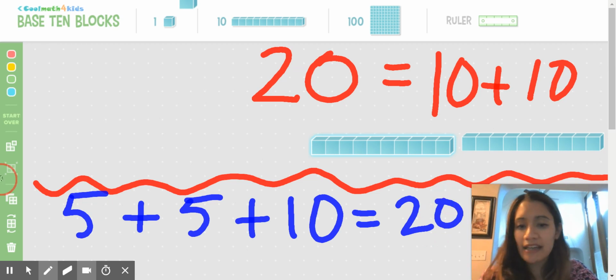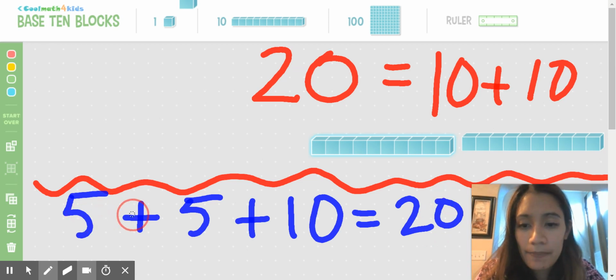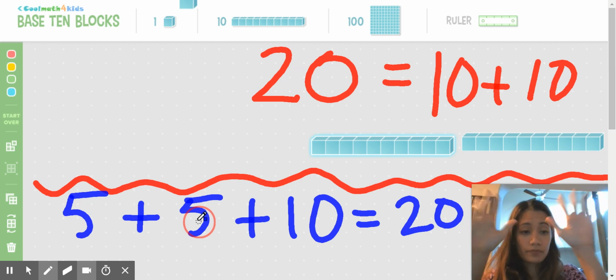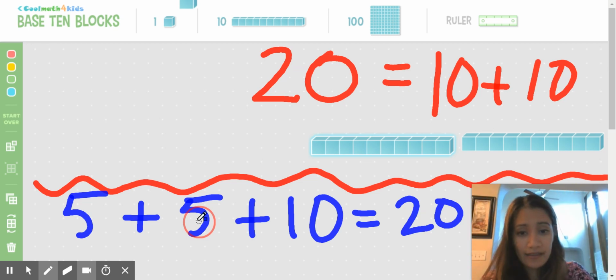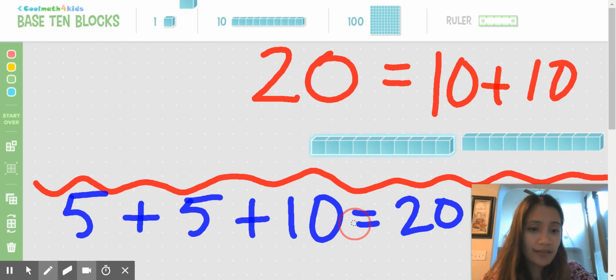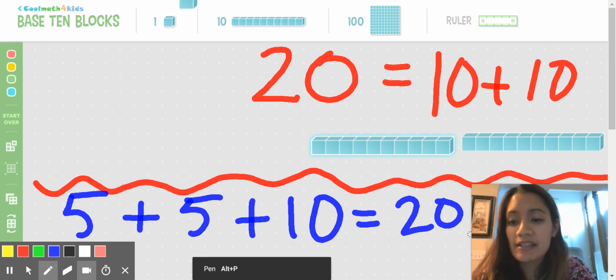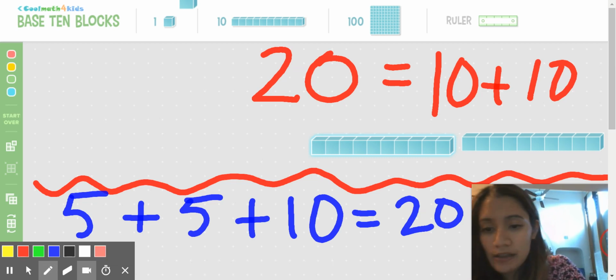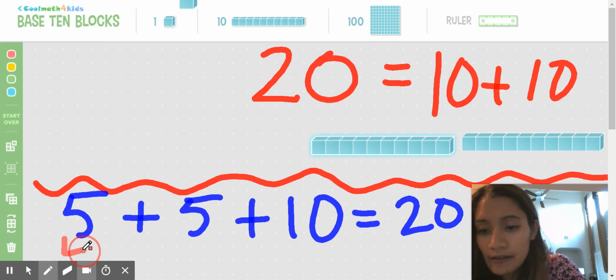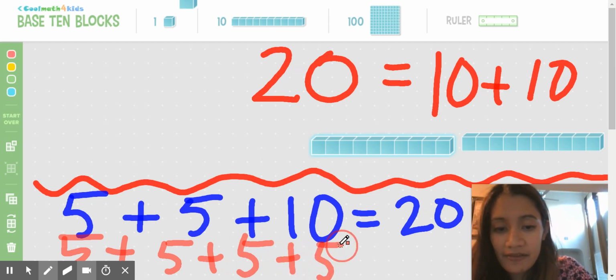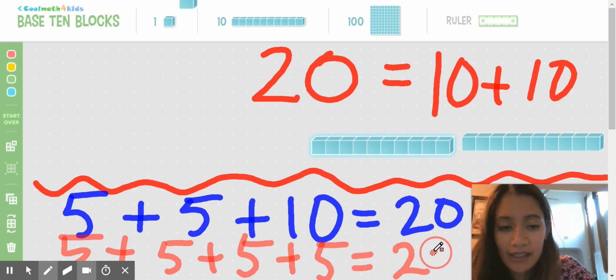Because if you really look at it, 5 plus 5, that equals 10. And then 10 plus 10 equals 20. You could have also done this one right here. I'm going to pick my salmon color. You could have also done 5 plus 5 plus 5 plus 5 equals 20.